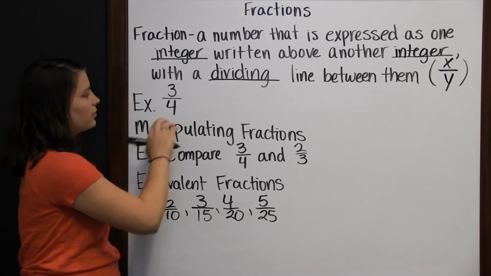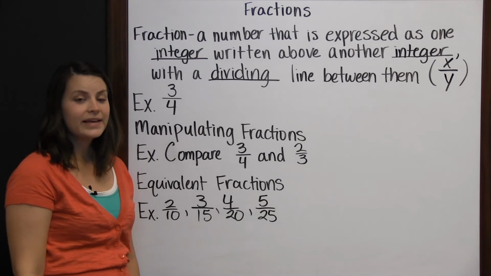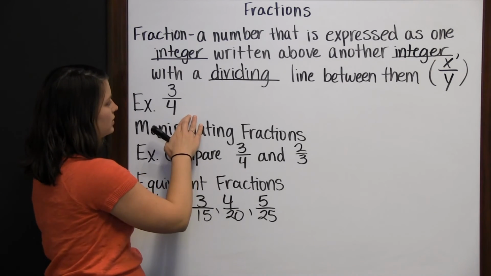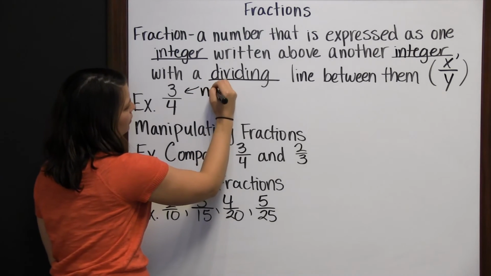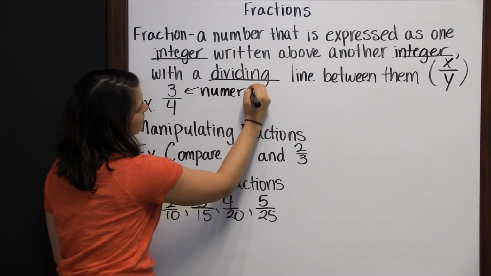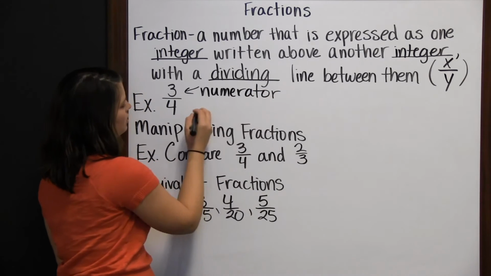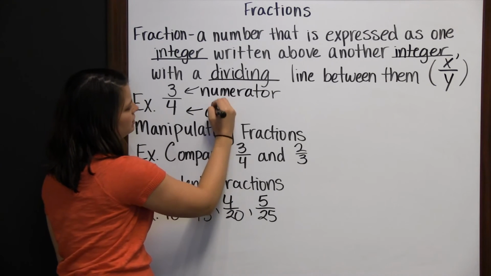So for example, 3/4. In this fraction, 3/4, the top number is called the numerator, and the bottom number is called the denominator.